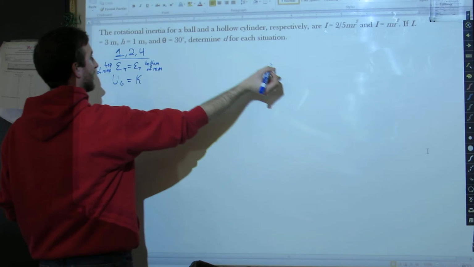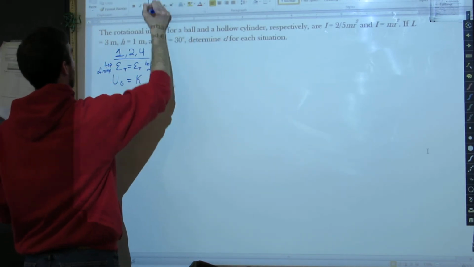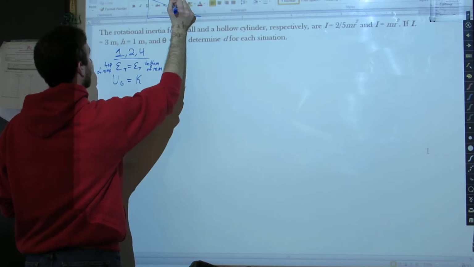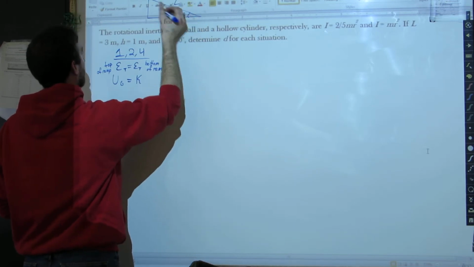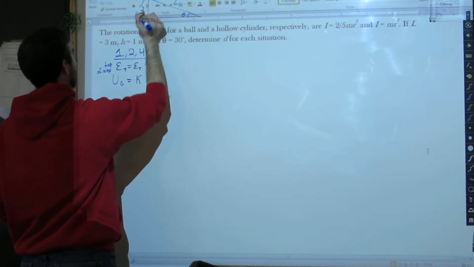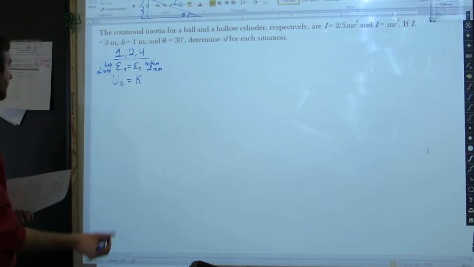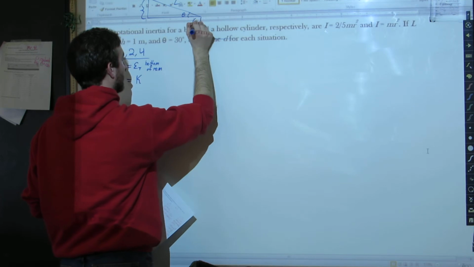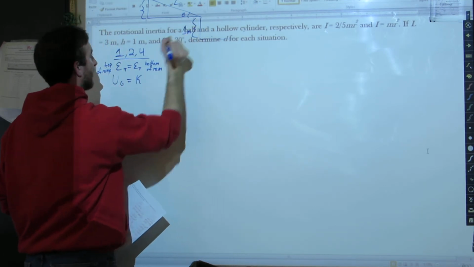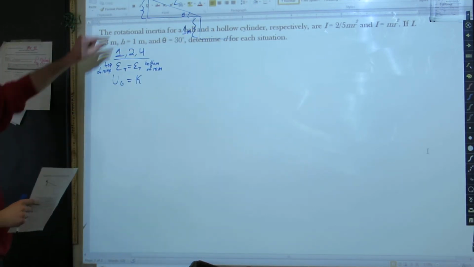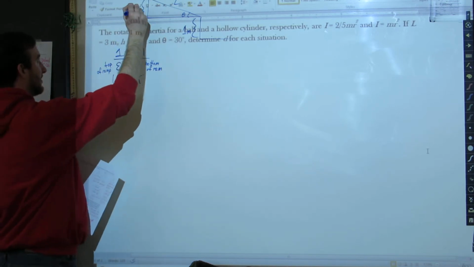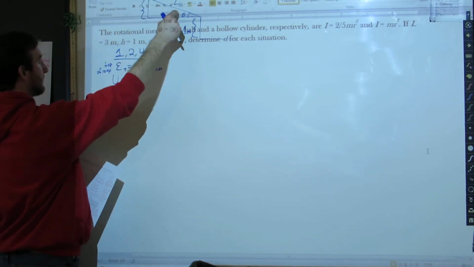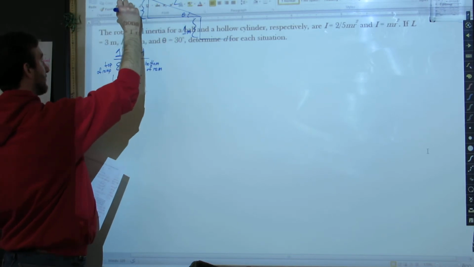So, let's see, here's a picture. We're only given L and the angle. We need this height, right? We need how big that is. I know I'm writing over everything right there. I guess it would be L sine theta.